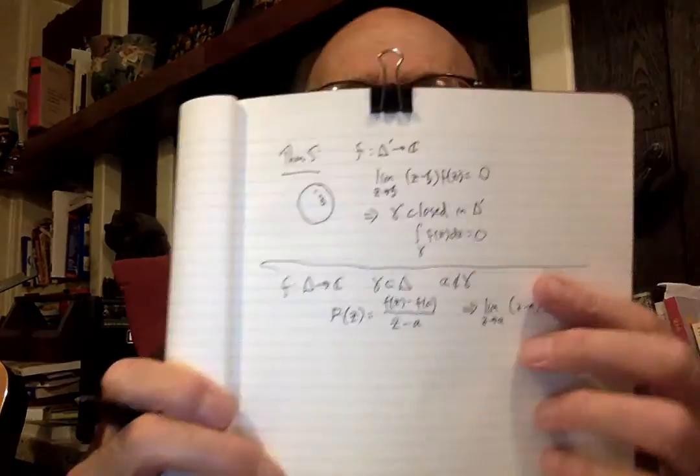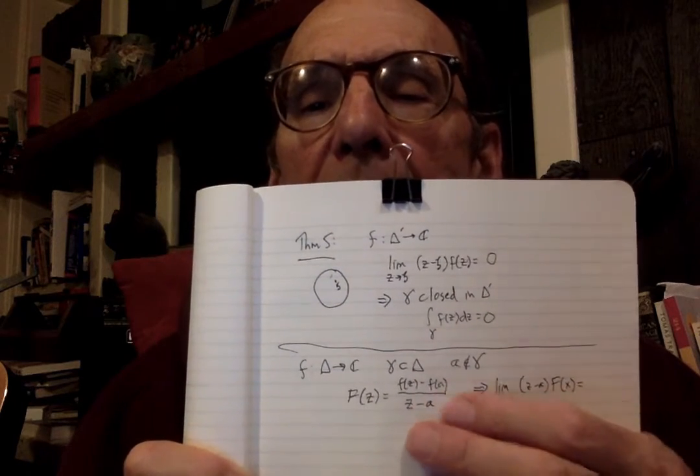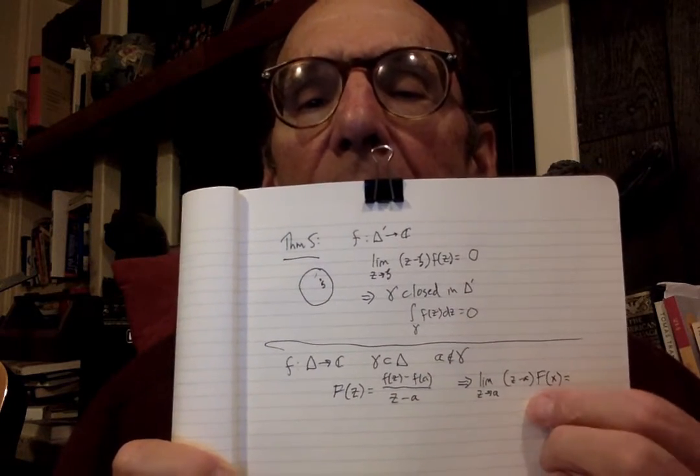We know the limit for z near a of z minus a times capital F of z, well, we've kind of rigged the game here because capital F of z has z minus a on the bottom. If we're not at a, those cancel. And this is just f of z minus f of a, and f is analytic and therefore continuous. So this limit is 0.